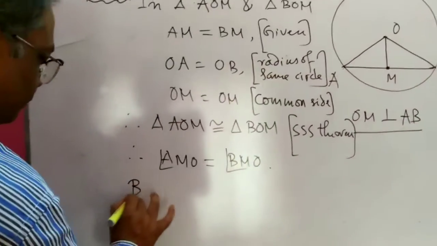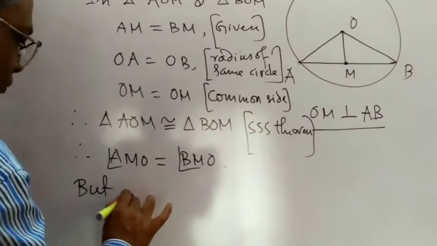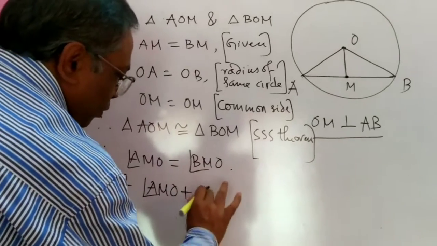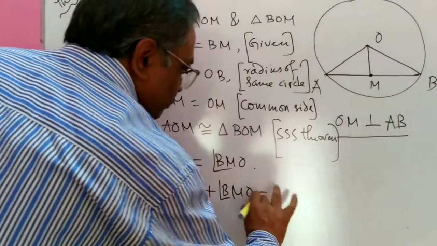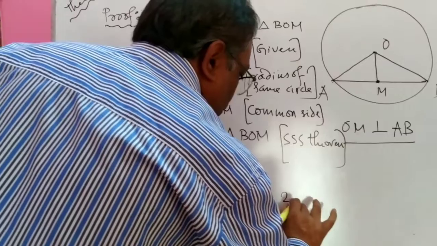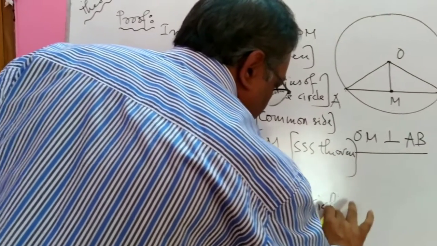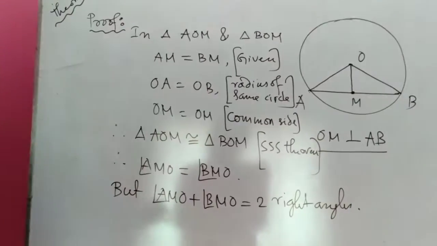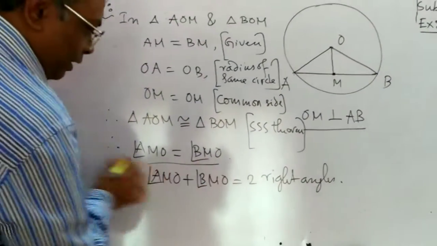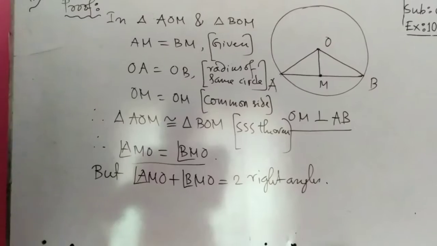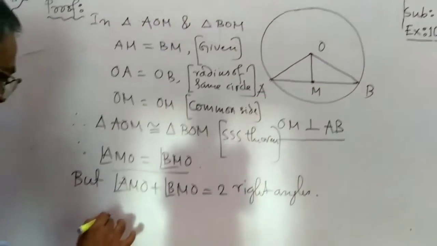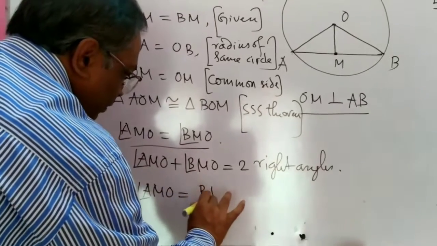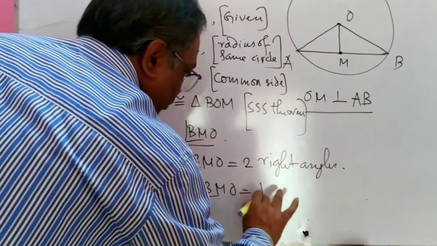But the sum of angle AMO plus BMO equals two right angles. Since they are equal, they are right angles. Therefore, AMO equals BMO equals one right angle.